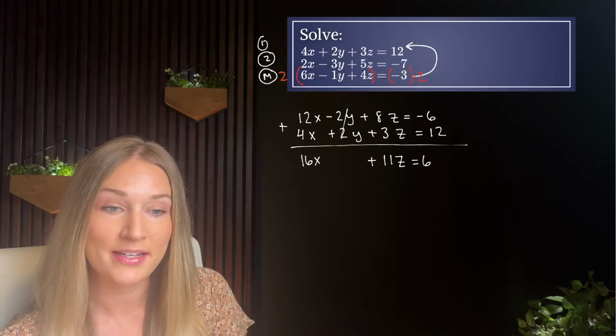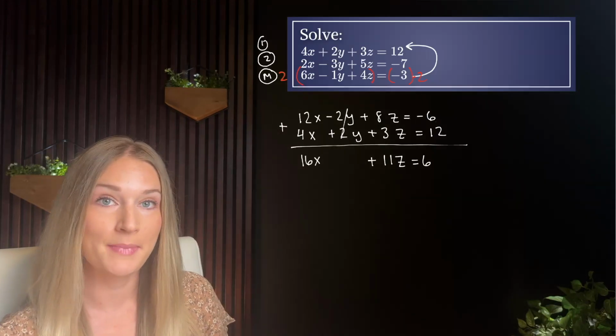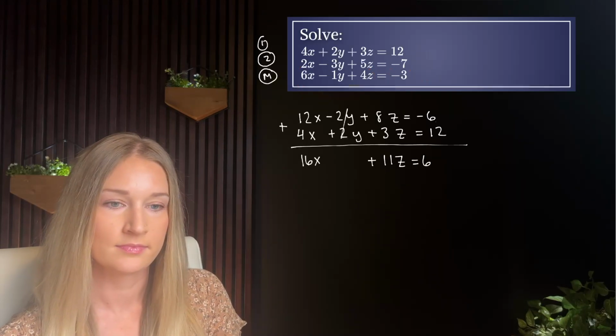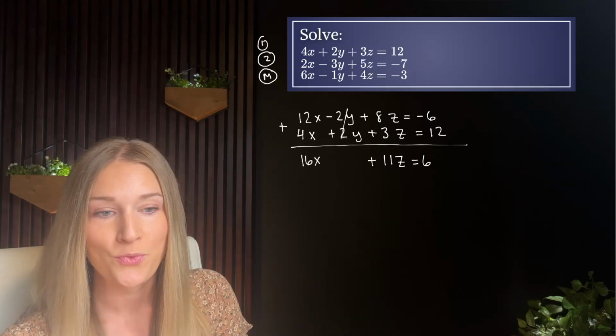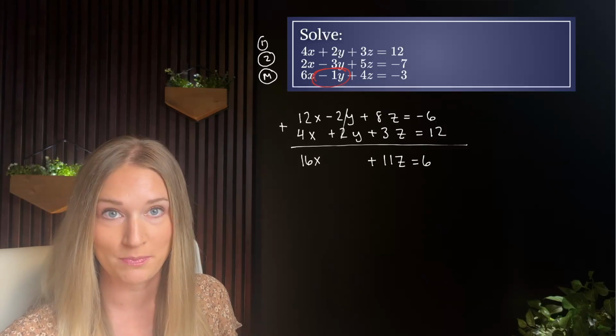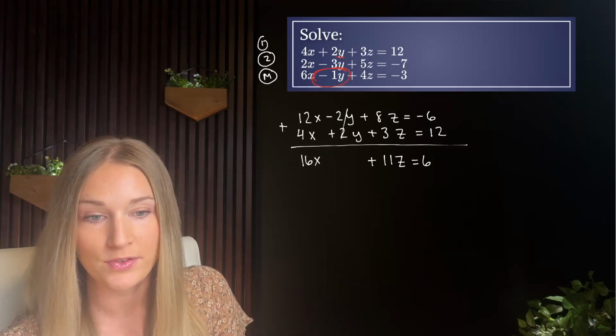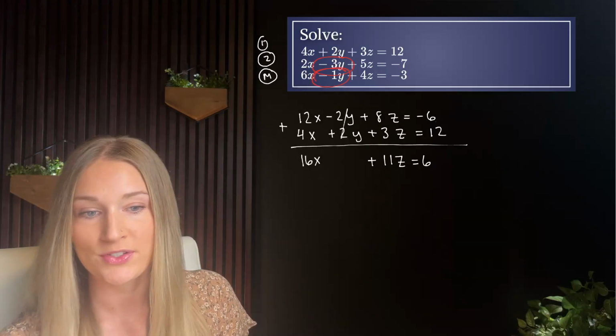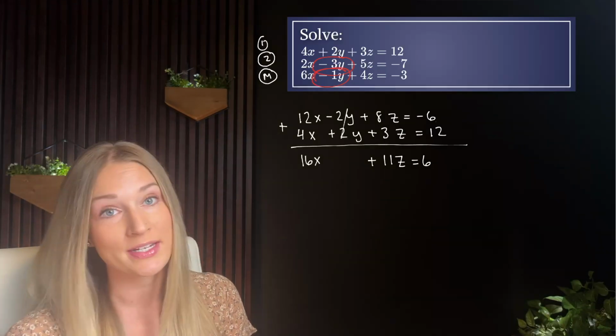I'm going to do this again, but now with the master equation and equation number 2. So my question is, what do I need to multiply that y in my master equation by to get the inverse of the y in equation number 2? If I want those to be inverses, one needs to be positive and one needs to be negative.